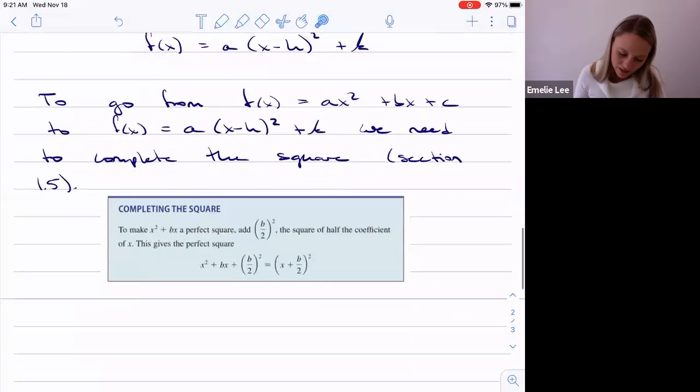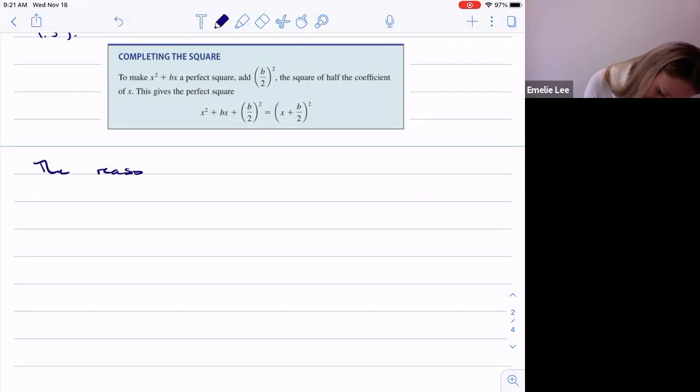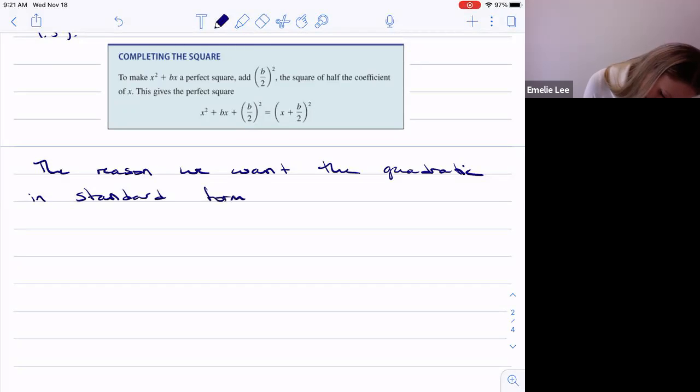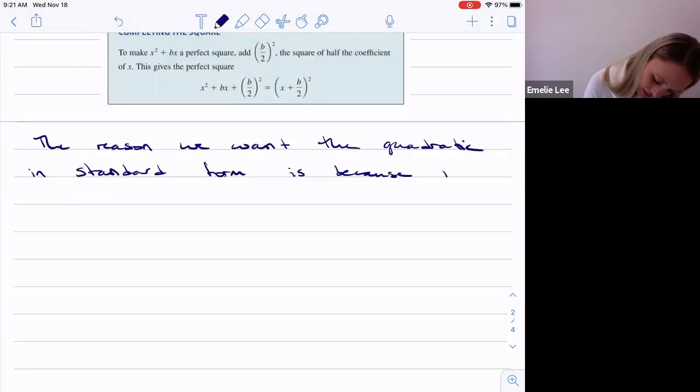The reason we want the quadratic in standard form is because it makes it really easy to find what's called the vertex of the quadratic.